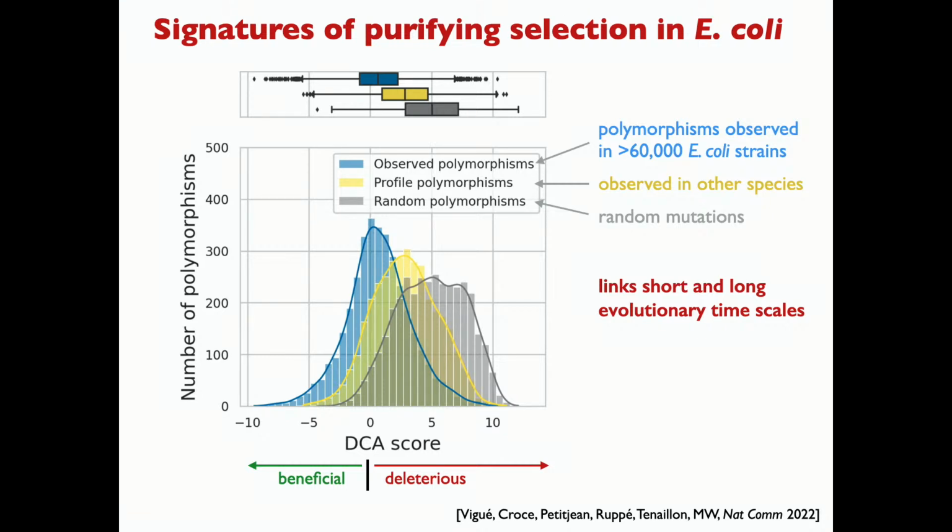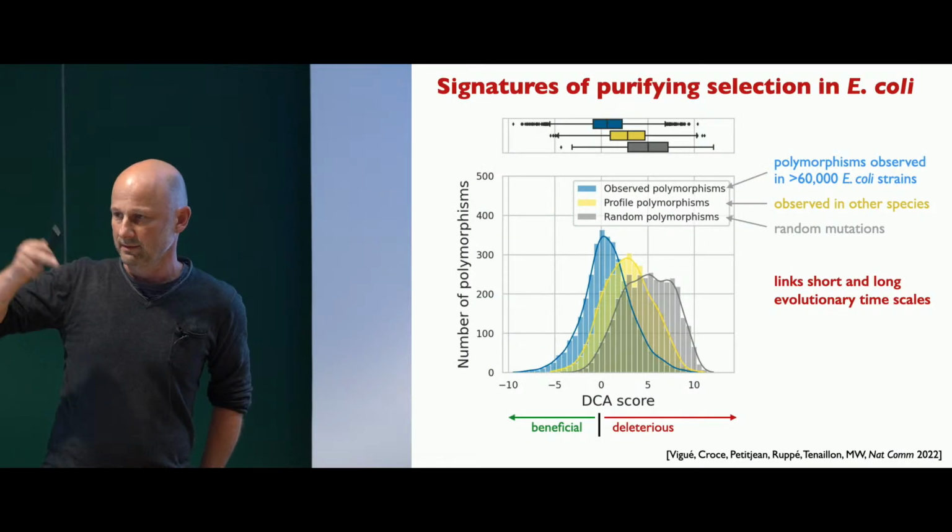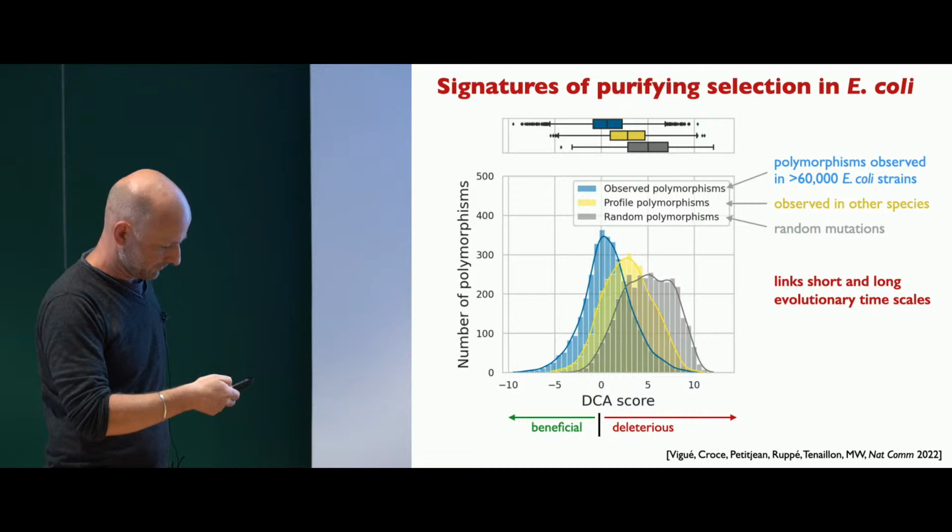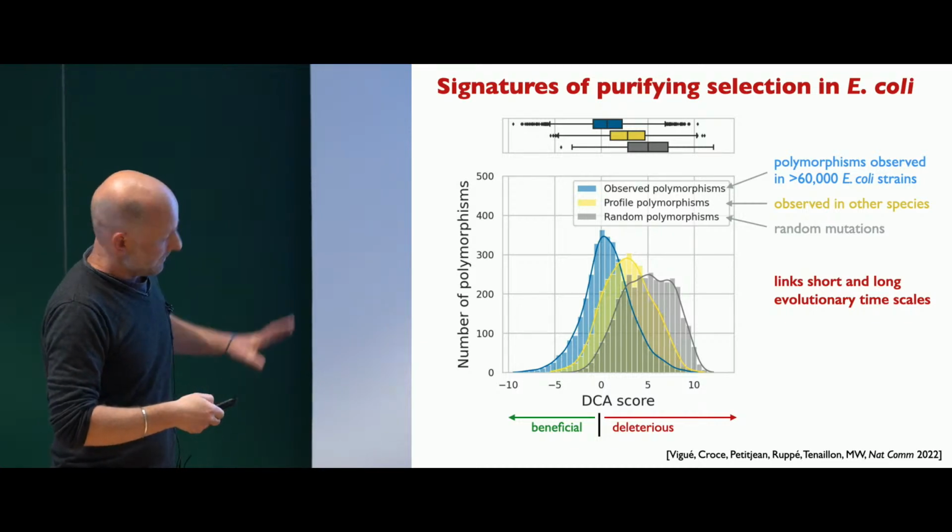But if you look at the existing ones, which are observed, they are much more concentrated around 0, and they are much more neutral. So it looks as if we could actually identify the possible mutations by predicting, okay, we take the neutral ones, the ones which don't have a large effect, as the ones probably emerging.